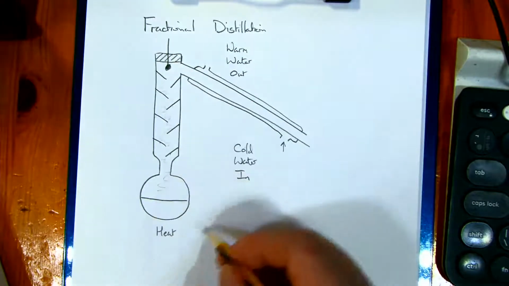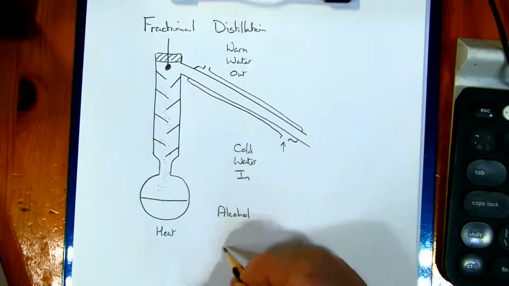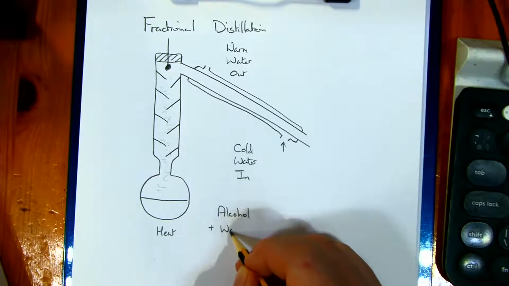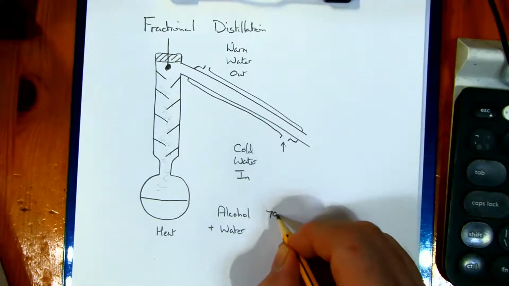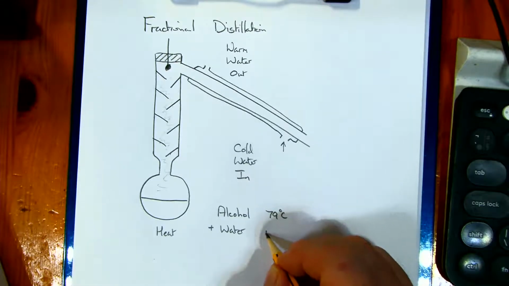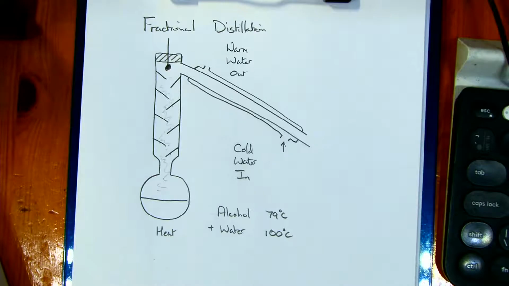So let's suppose I've got two liquids, we'll go for alcohol and we'll go for water. Alcohol's going to boil at around about 79 degrees centigrade, and water will boil at 100 degrees centigrade.